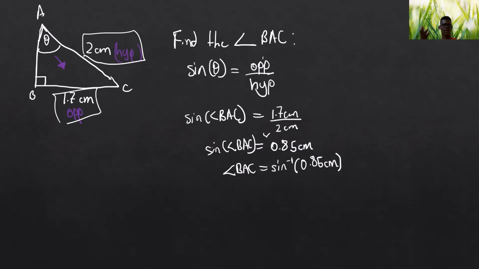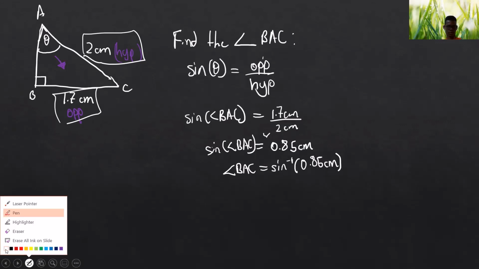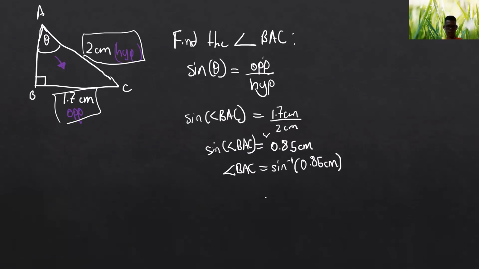Just punch in open bracket 0.85 close, and you should get about 58 degrees. Good. So we got about 58 degrees.